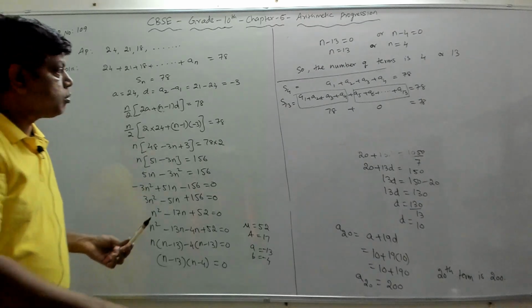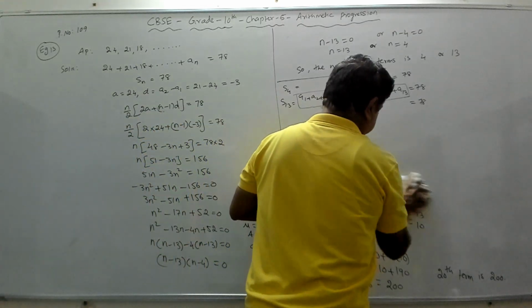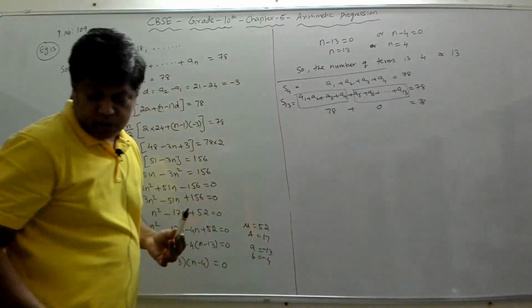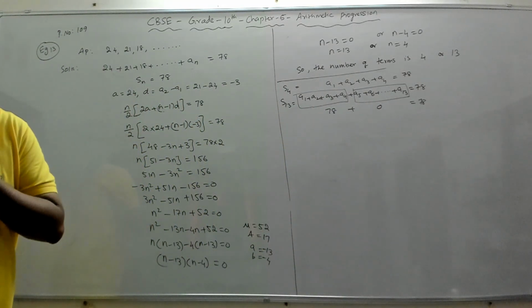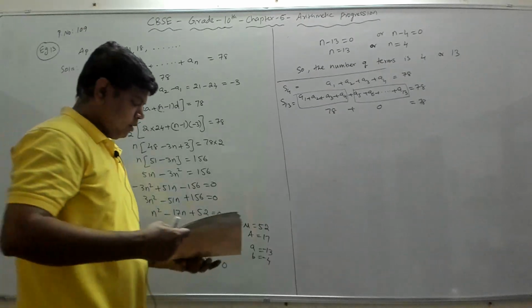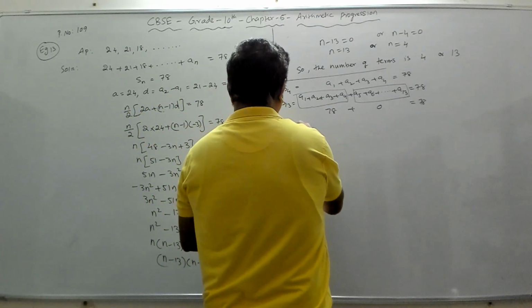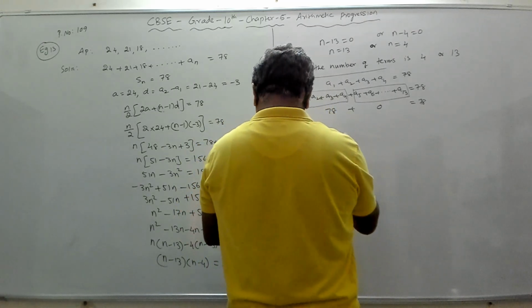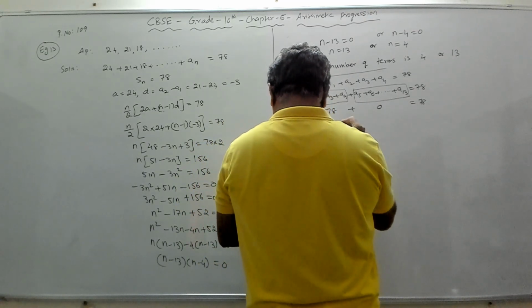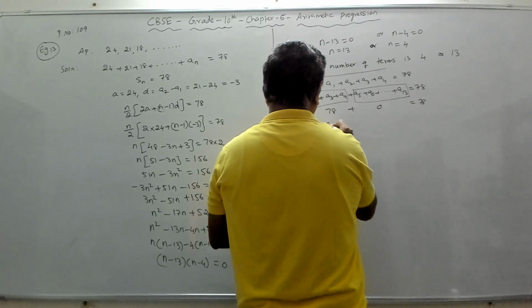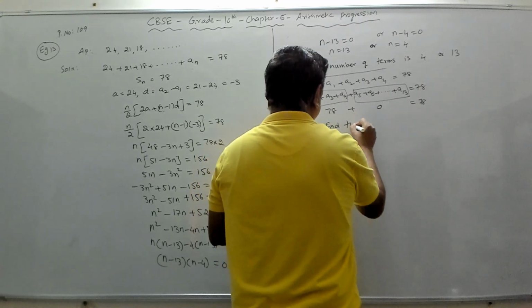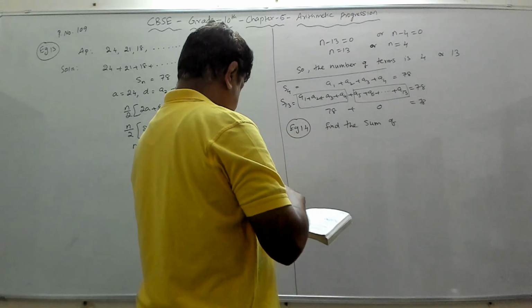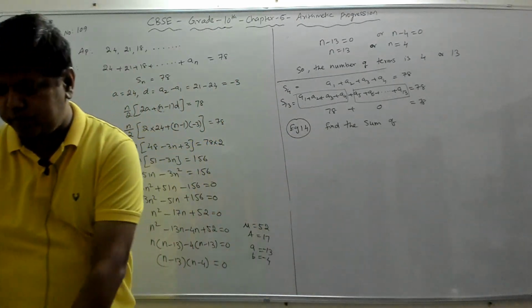I will go to the next problem, which is, erase this. The next one is example 14. Example 14 says, find the sum of first 1000 positive integers.